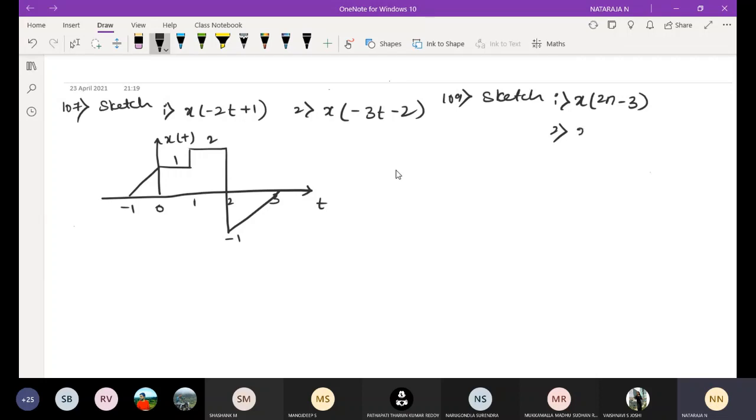Second one, x of n by 2 plus 3. Where x of n is equal to 2, minus 1, 1, 2, 3, minus 1.